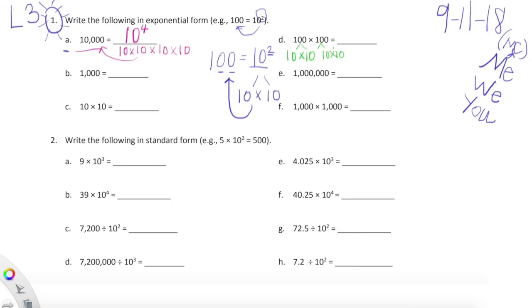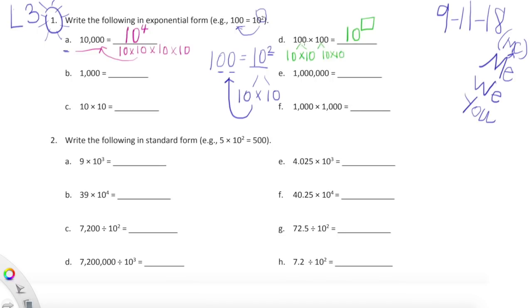How many zeros are you seeing across these two 100s? We're writing this in exponential form, which means that we're going to have a 10 to the something. When we have powers of 10, we can express the exponent in terms of how many zeros we see.